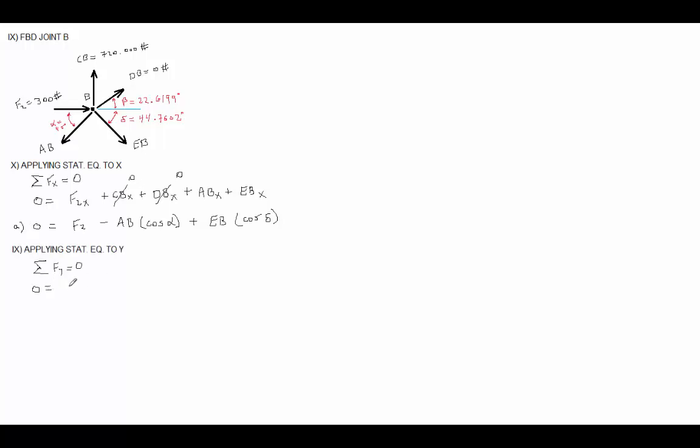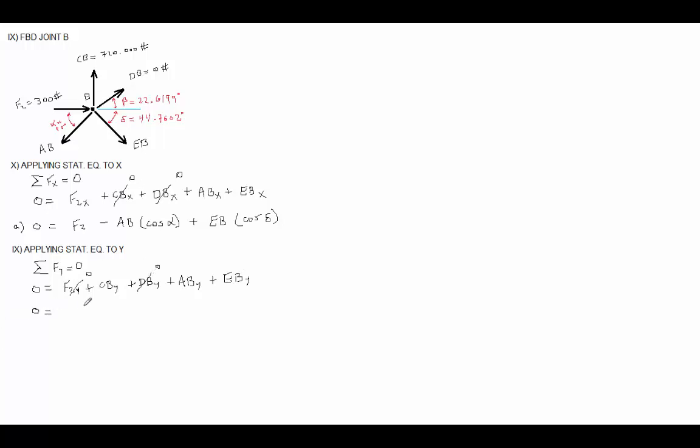So 0 equals F2y plus CBy plus DBy plus ABy plus EBy. F2 has no y component and DB's y component is 0.